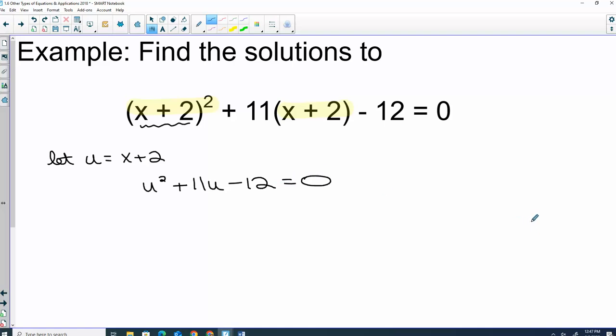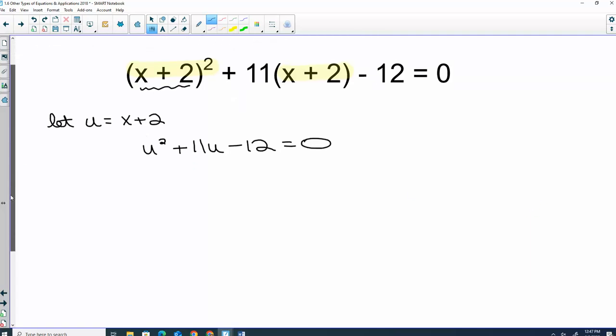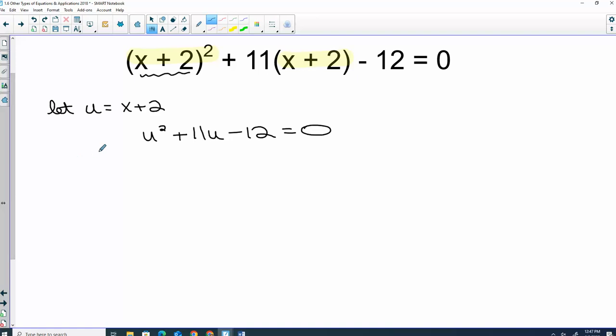Did you guys do anything like this in Algebra 2? Did you ever have substitution? Okay. All right. Is this a problem that you could factor and solve? Yeah. So what multiplies to negative 12 and adds to positive 11?